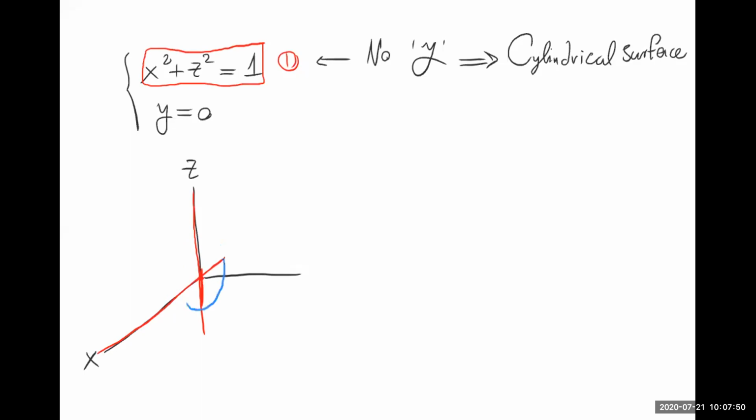So kind of like this. And because it's independent of the y variable, we would get a cylinder above that, kind of like this. The cylinder is always in the direction of the variable which is missing. Here it's y. Okay, that's one of the surfaces. Actually, it goes to infinity.